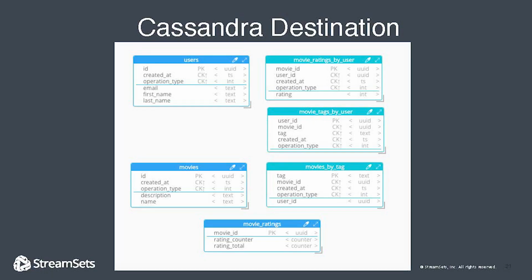Now, when we move to Cassandra, it's very, very different. For one thing, Cassandra doesn't have the concept of foreign keys. And for another, we have pretty much denormalized the data here because we're modeling it according to the access patterns. So we're going to want to get the movie tags by the user.